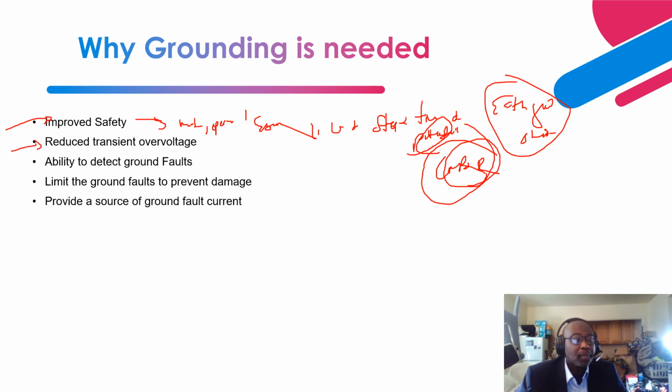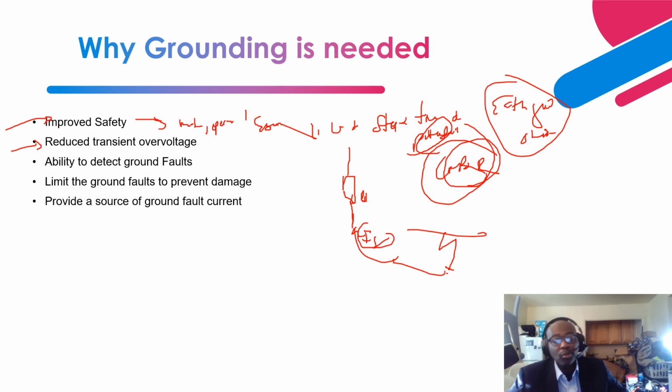Next is pressure over voltage. So basically, the flow of fault current, let's say from the faulted phase, and if it is coming here, you have the neutral and you have a resistance here. This resistance reduces the amount of fault current that is going to flow into the equipment.